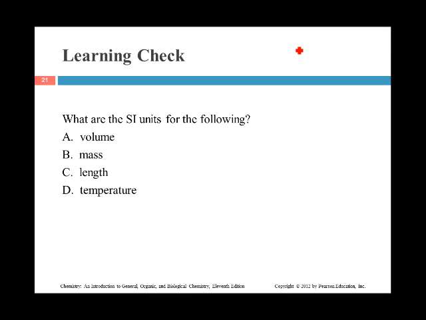Alright, I'll give you a minute to think about this question before we answer them. Alright, so SI units. Remember, SI is not the same thing as metric. They're 2 different things.